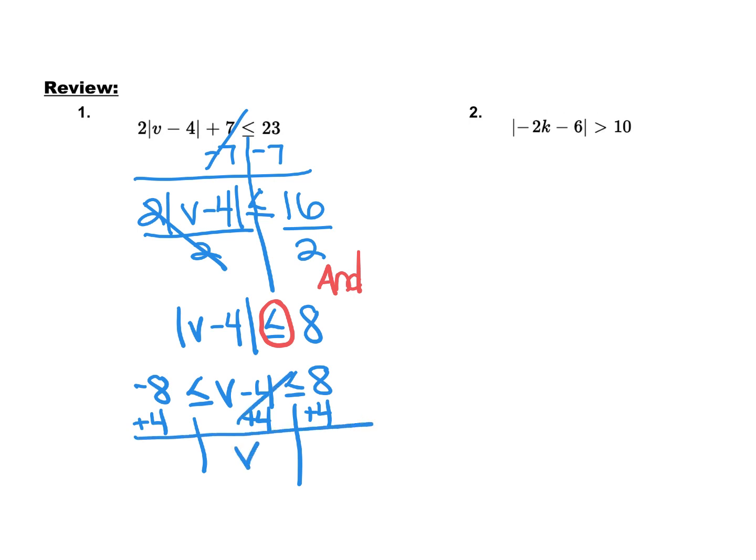And we have v less than or equal to 12, and greater than or equal to negative 4. If you were to graph this, you'd have negative 4 on the left and 12 on the right, and it's coming together, so it would be everything in the middle there.